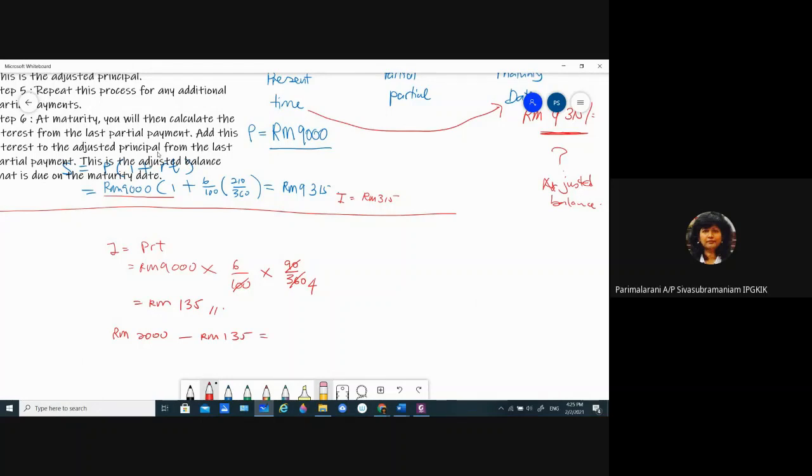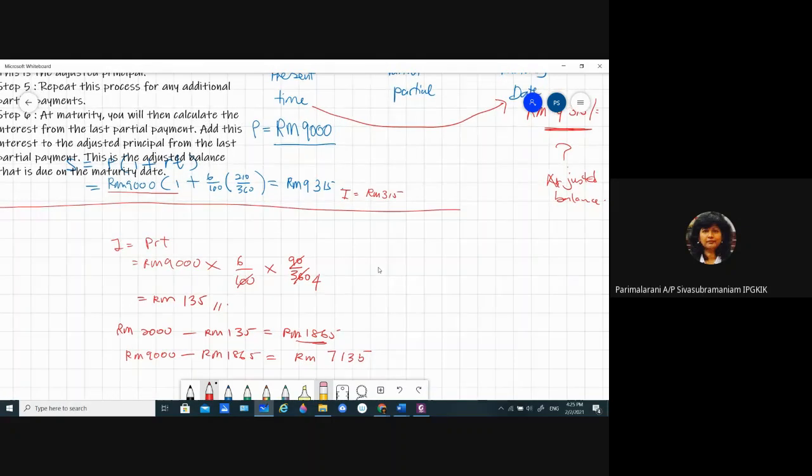What do we get here? 1865. Correct. Now this balance we subtract from the principal. The principal is 9,000 minus this balance. How much of the principal is left? 7135. Yes. So this is the principal that is left here.